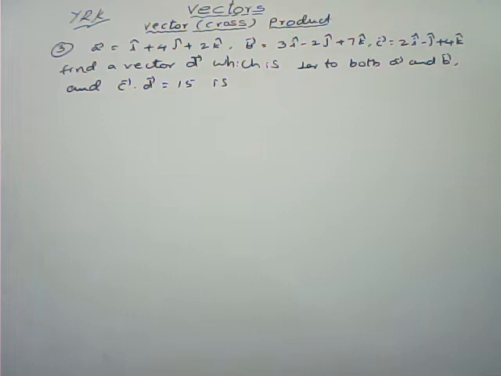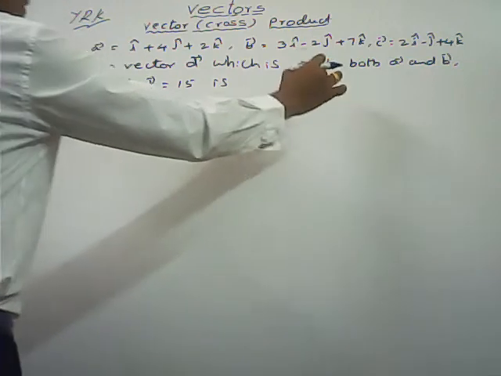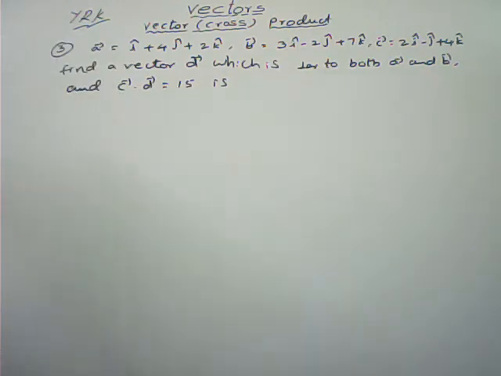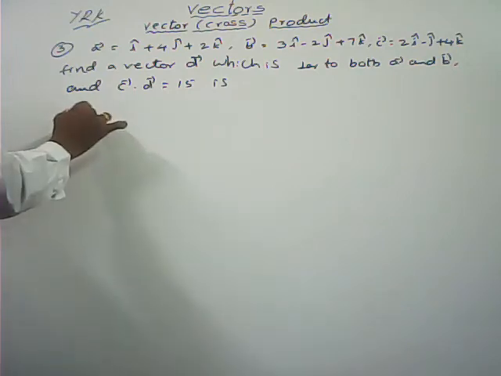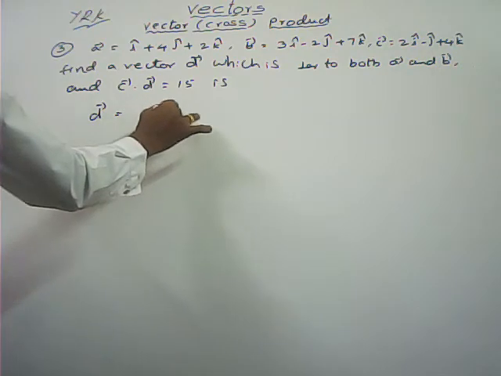Here A bar, B bar, C bar, three vectors are given. Find a vector D bar which is perpendicular to both A bar and B bar. Here by the definition of that one, the vector perpendicular to both A bar and B bar is nothing but A bar cross B bar only. So here I am taking D bar equal to A bar cross B bar.